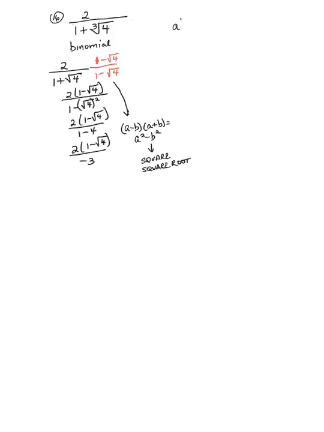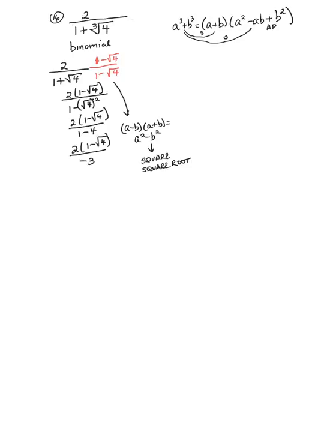A cubed plus b cubed, the sum of 2 cubes, is equal to a plus b times a squared minus ab plus b squared. Notice it's SOAP. It's the same, opposite, and always positive. Okay?